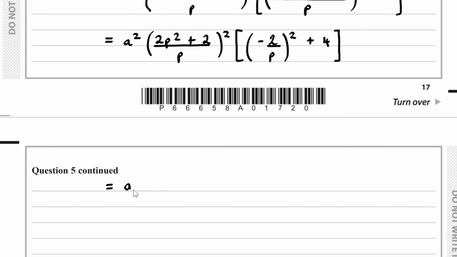So we've got a squared. Now here, this bracket we can split up and simplify. We've got 2p squared divided by p. That's the same as 2p. And here we've got 2 over p squared. And then here we've got 4 over p squared plus 4.